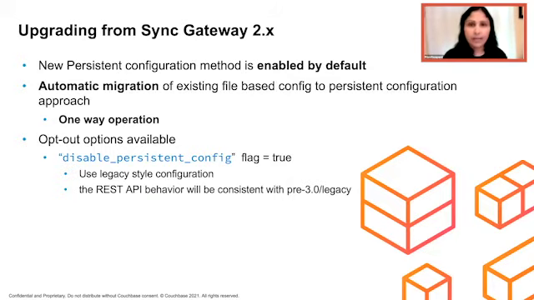However, we would recommend that you adopt the new way, which is our recommended way going forward. This option is really available as a convenience, for instance, if you want to pick up all the other features in Sync Gateway 3.0, but you are not quite ready to adopt the persistent configuration option.